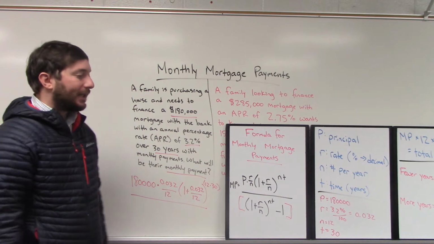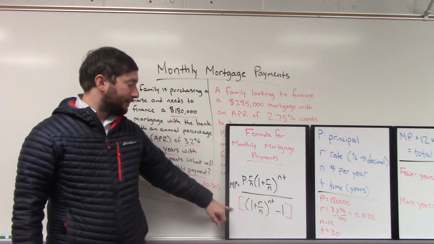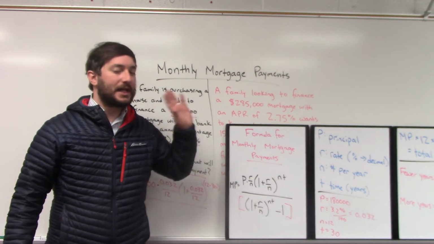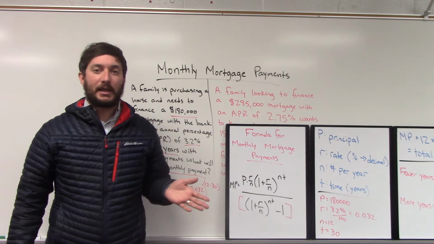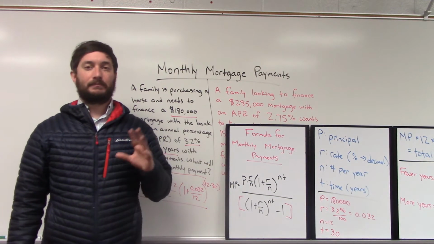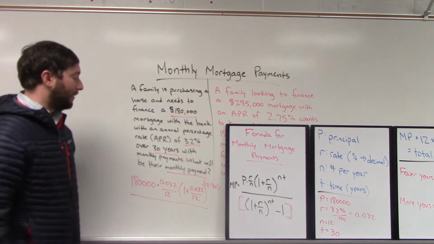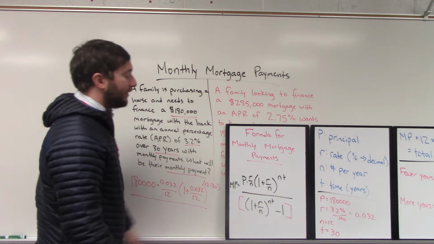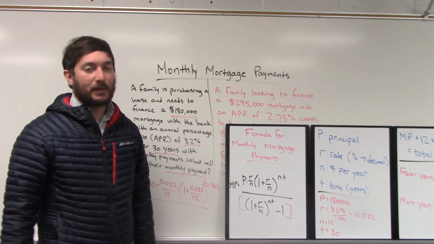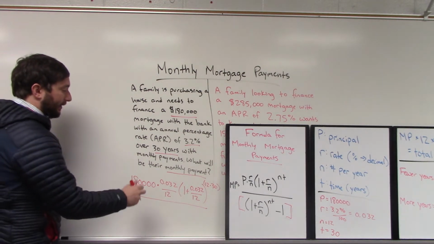If you don't use brackets, or parentheses, it's the same thing, and you try to type in everything at once, you will get the wrong answer. So if you're going to try to type in everything at once, I don't recommend that. I do recommend simplifying one part at a time. But if you're going to try to type in everything at once, please use parentheses or brackets or something, or else it's going to try to subtract 1 off to the side and not include that as part of your denominator. So very important there, okay, if you're going to try to do everything at once.